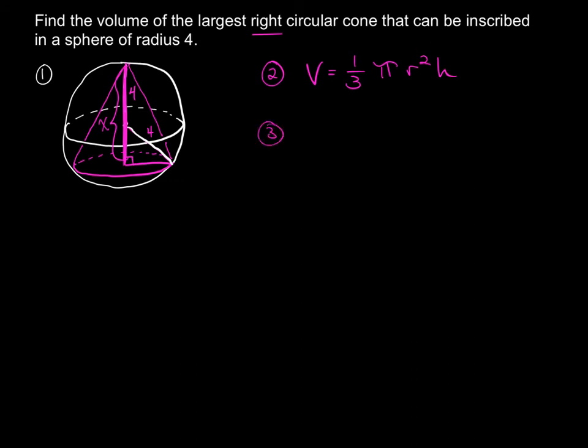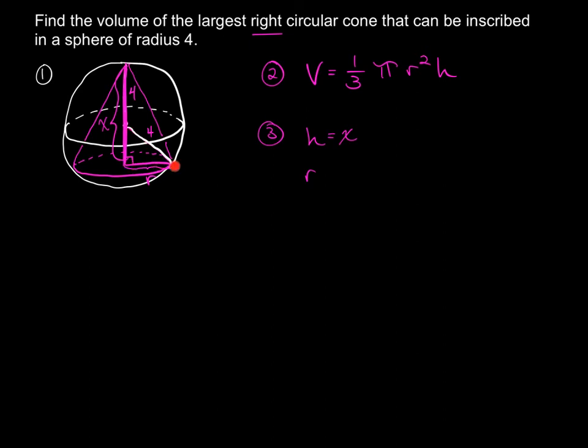So step 3, the height of the cone will be x, and the radius of the cone, which is right here, we will have to use the Pythagorean theorem to find what the radius is in terms of x. And we're going to use the Pythagorean theorem on this little triangle right here.